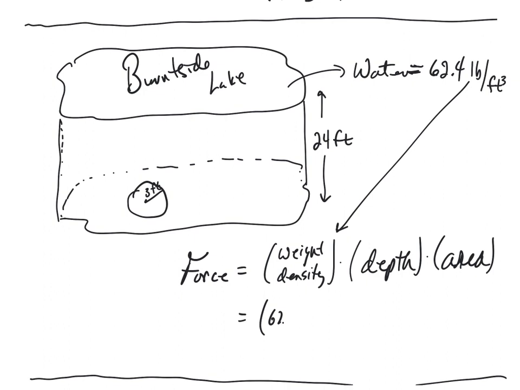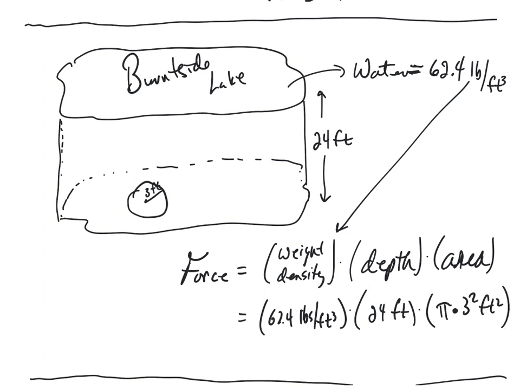So this is going to be 62.4 pounds per cubic foot. The depth, as you can tell in the problem, is 24 feet. And the area of a circle is pi times the radius squared. And then the area would be measured in square feet.